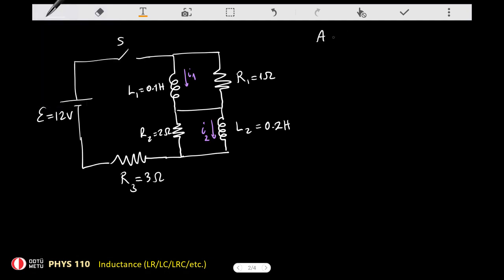So at t equals 0, immediately after the switch is closed, we know that current I1 and current I2 are equal to 0 because the current flowing on an inductor is always continuous. It cannot change. It cannot have a jump discontinuity. So as a result, these currents should be equal to 0.